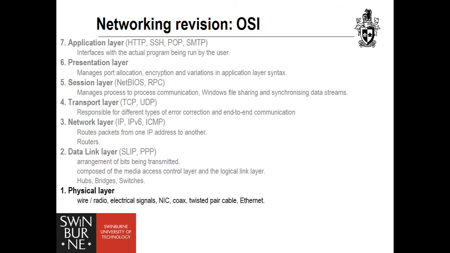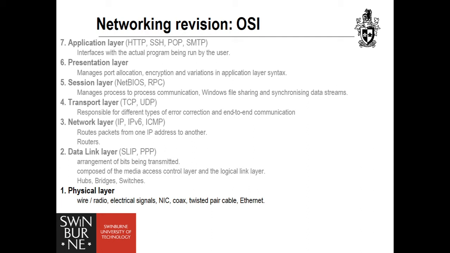The first layer is the application layer, which is the interface with the actual program being run by the user. After that is the presentation layer. It is used to manage port allocation, encryption, and variation in application layer syntax.